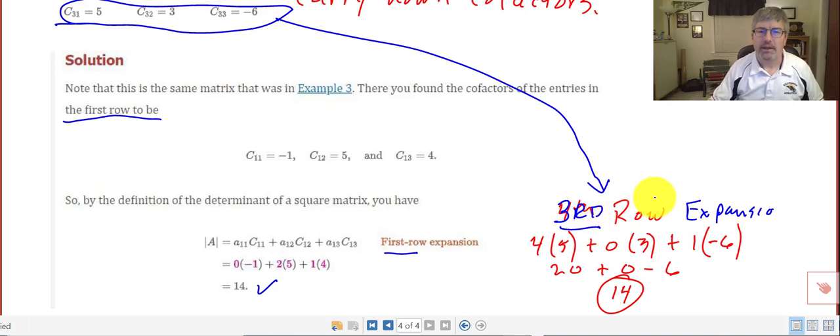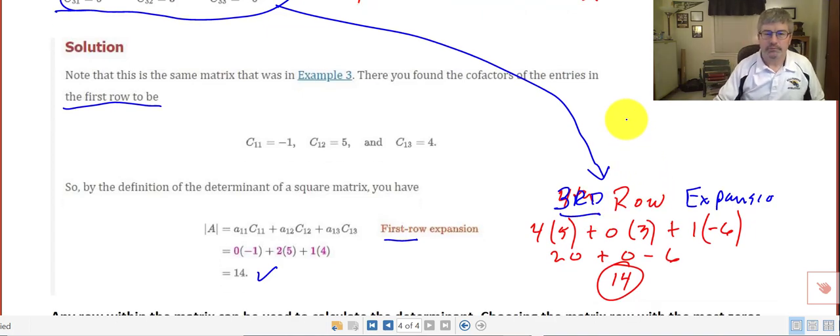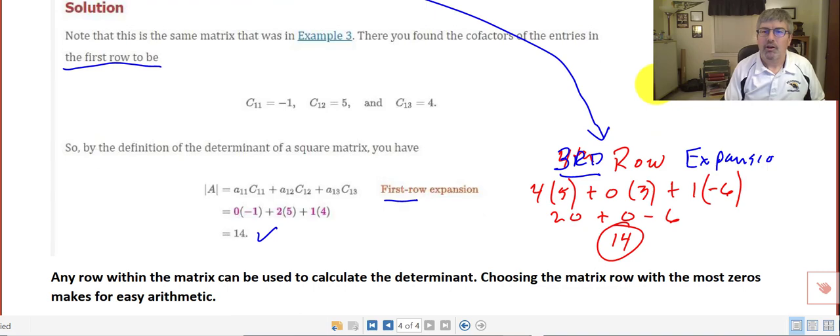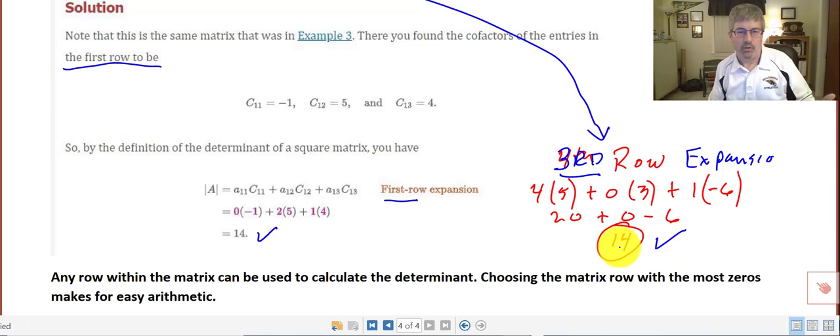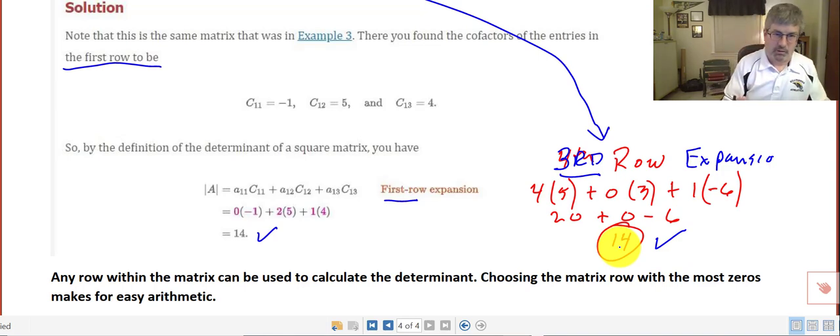A 3 by 3 matrix is only going to have 3 rows. I beg your pardon. So a third row expansion: 4 times 5 plus 0 times 3 plus 1 times -6 still is 14. So it doesn't matter which row we use, as long as it's one of the rows in the matrix, and we should get the same determinant.